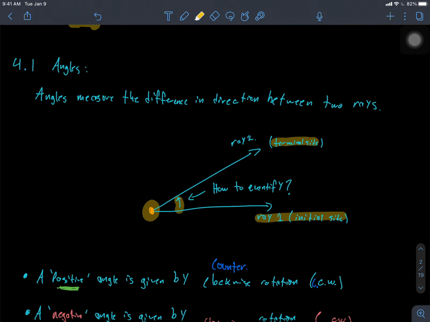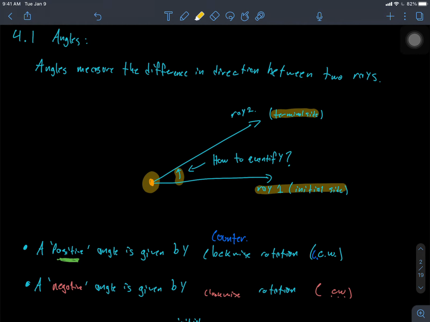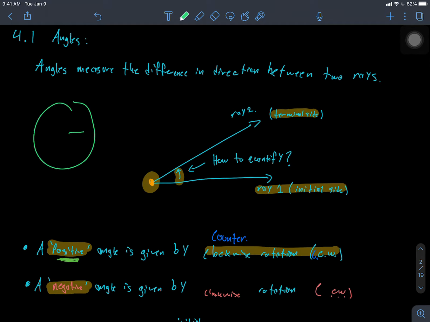Which one is the terminal side and which one is the initial side does matter, because we have a notion of what it means for an angle to be positive and for an angle to be negative. We call any angle positive if it's given by counterclockwise rotation, meaning if we think about the hands of a clock, they go around in this direction.